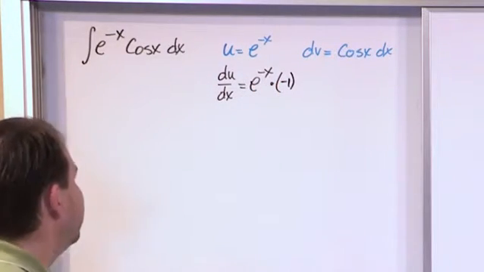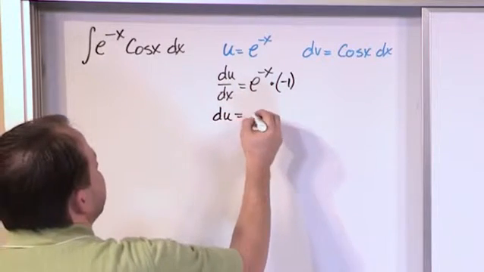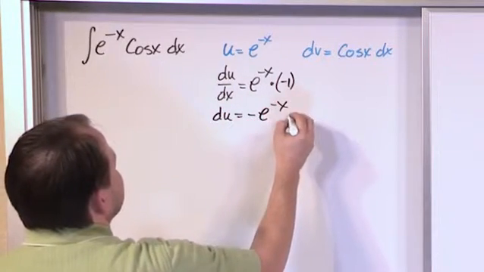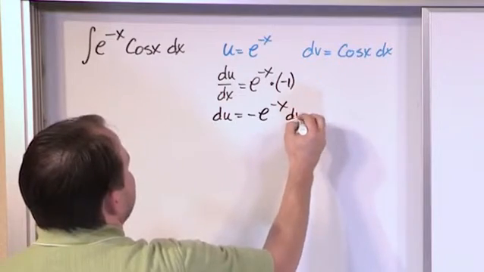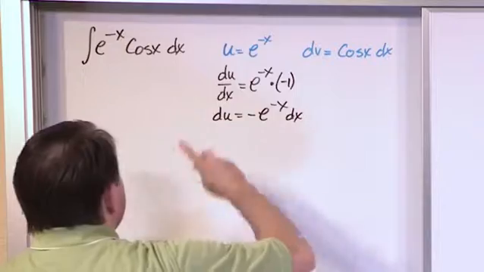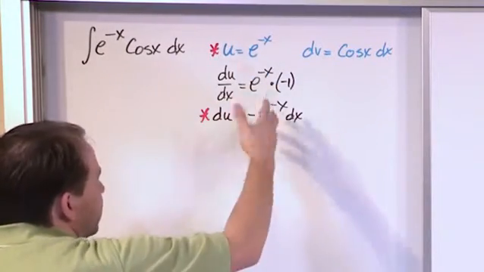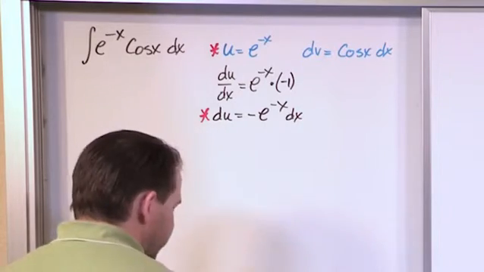So then du, which is really what we want, is negative e to the negative x dx. That's what we're after. So we have u, and we have du. It didn't disappear, but we've done it correctly.